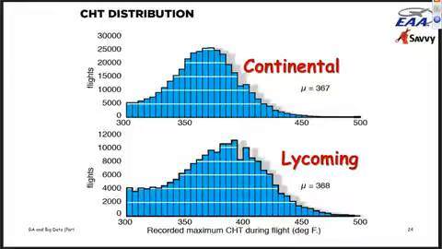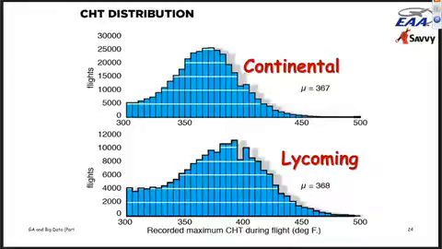quite a few more Continental flights than Lycoming flights, because we have a very large number of Continental-powered aircraft in our database, notably Cirrus aircraft and Cessnas and so on. But we also have a good number of Lycomings. We've got a lot of RVs in our database.